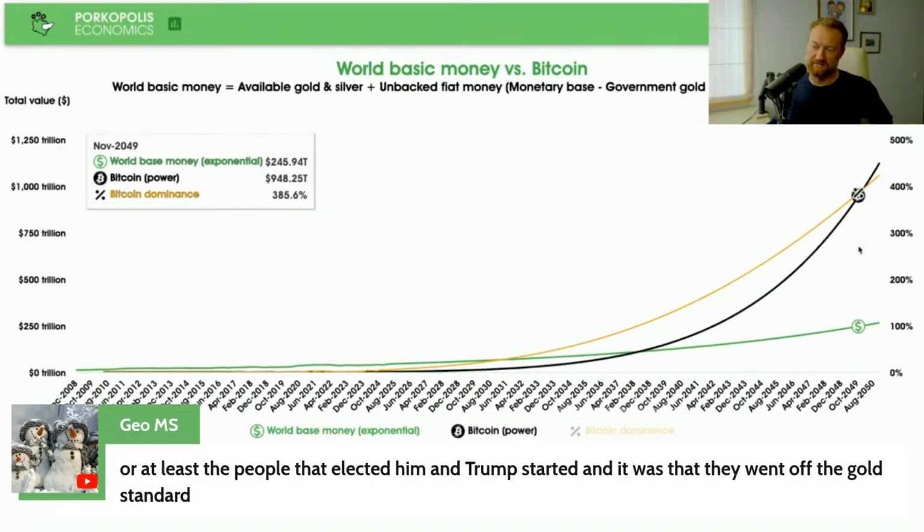Notice how quick we do get to escape velocity. Again, this is philosophical when you look 20, 30 years in the future, but even though Bitcoin has that declining rate of growth, it's growing so much faster than everything else. And that's a trend. I'm not making this up. I'm not drawing a line on TradingView. This is a statistical 96% R squared fact that it is growing at this rate compared with all the fiat money that's growing at that rate.